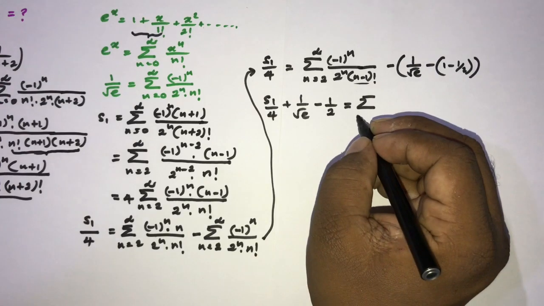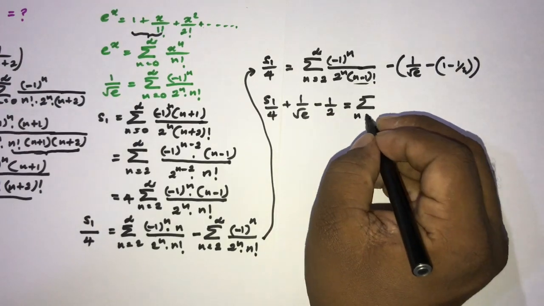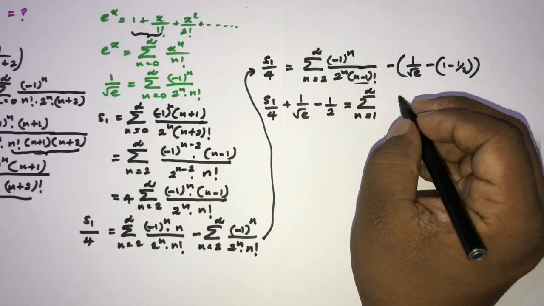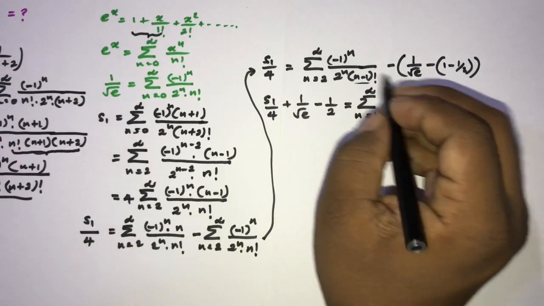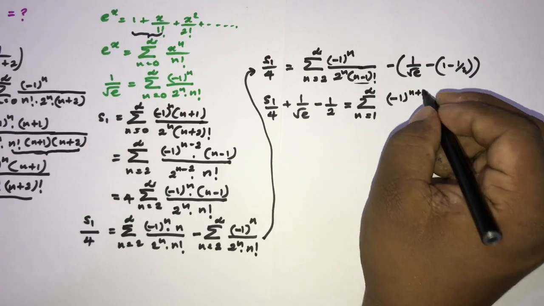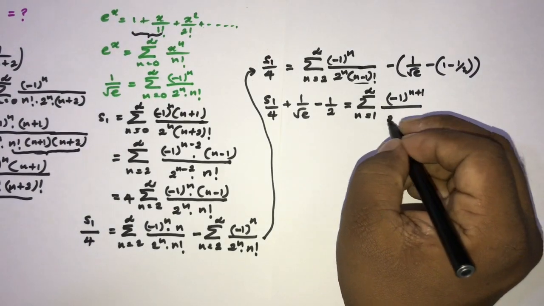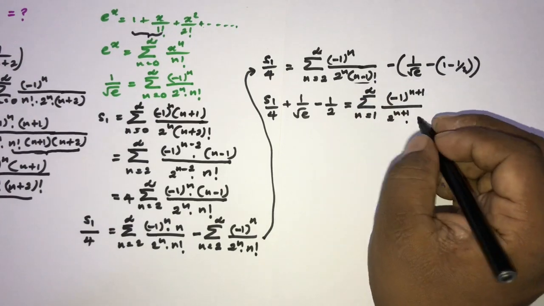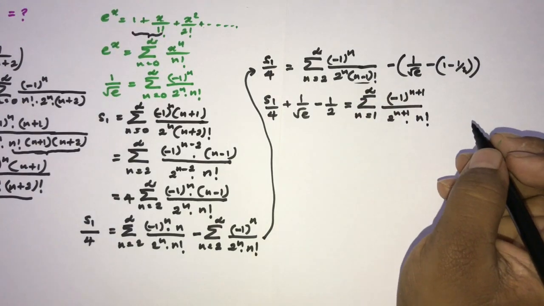So here now I am going to take n equal to 1 to infinity, so now minus 1 to the n plus 1 over 2 raised to the n plus 1 times n plus 1 minus 1, we know n factorial.